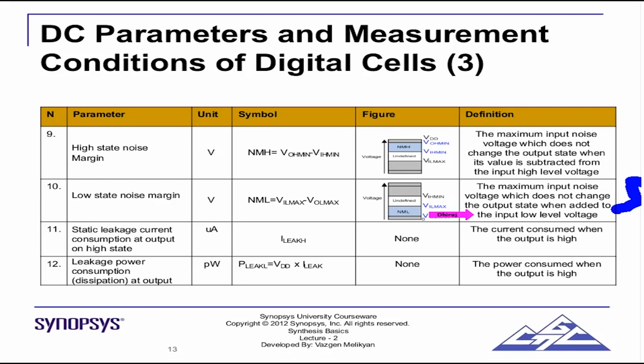All these values, VOH max, VIL max, VIH min, and so on, the noise margin, in fact, do not matter for synthesis. Why? Because the synthesis process does not take into account noise anywhere. Noise is purely an effect that comes after physical design is done, after place and route is done.